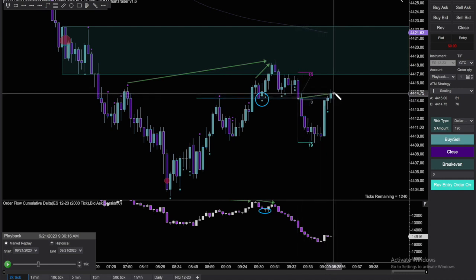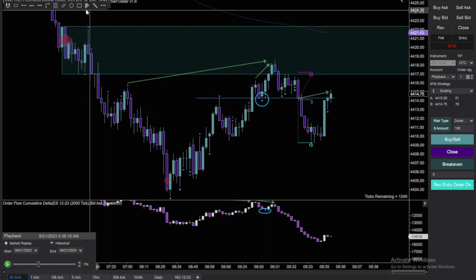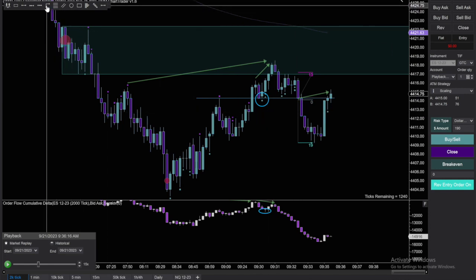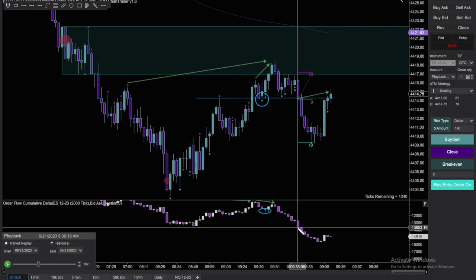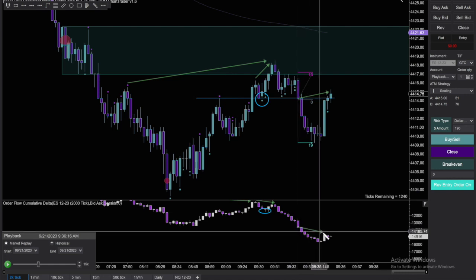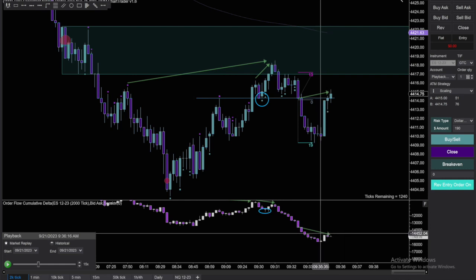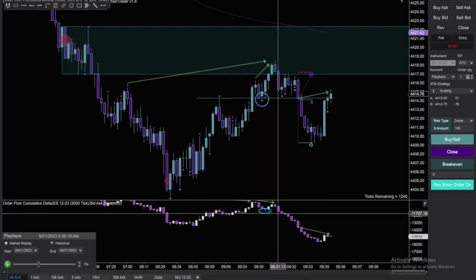So from here to here, price is actually slightly up from the bottom of that candle where that candle closed. Let's look where the delta closed on that candle. It was right here. And notice, again, we have delta divergence. So that's one of the confluences that I look for when I take a support and resistance bounce trade.